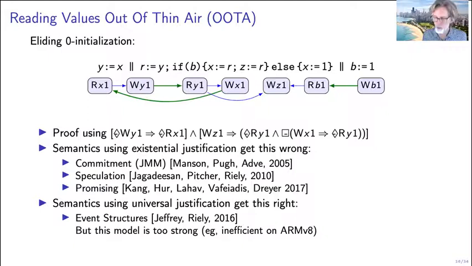I'm talking about the formal specification of the ARM version 8 memory model. Okay. It's approved by ARM itself. ARM actually publishes a formal model of their memory model. Okay. Great.